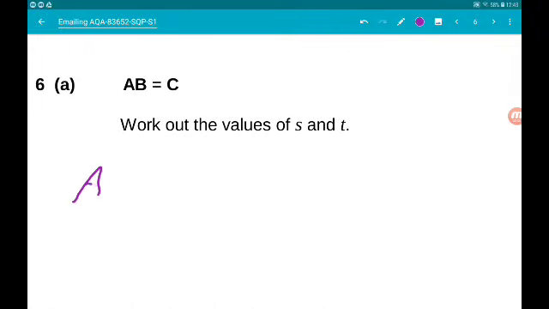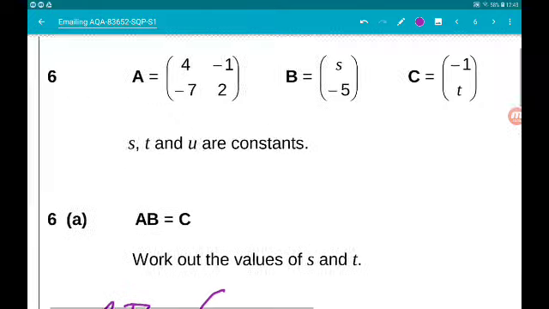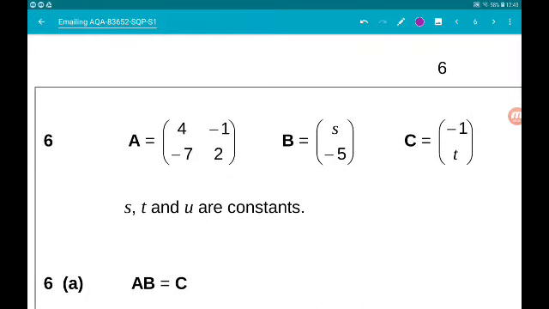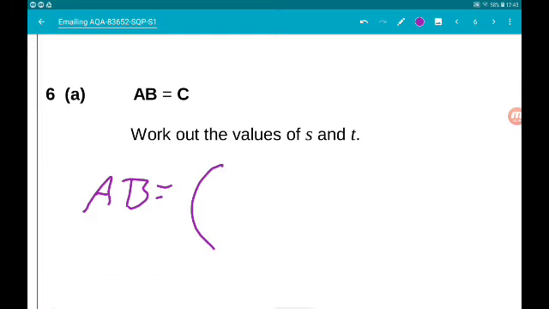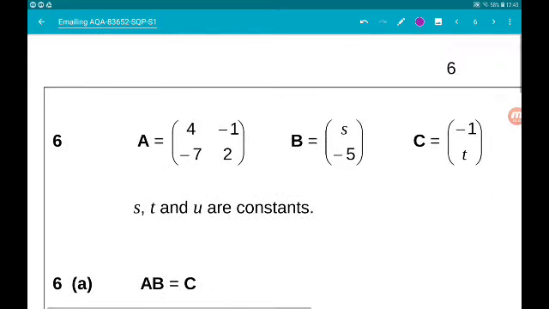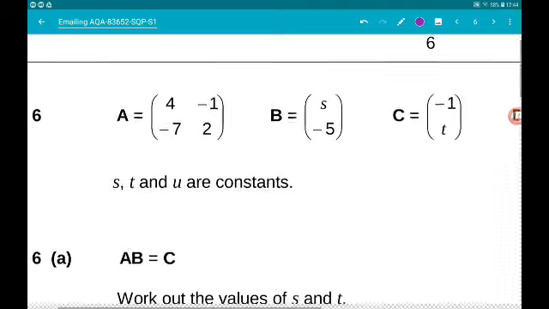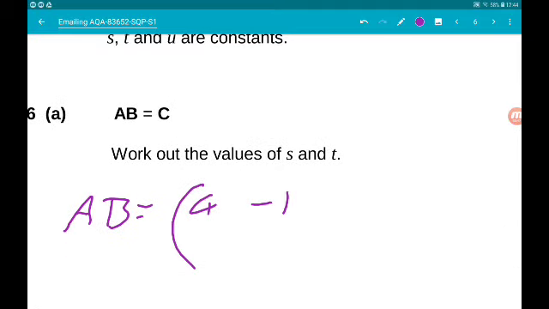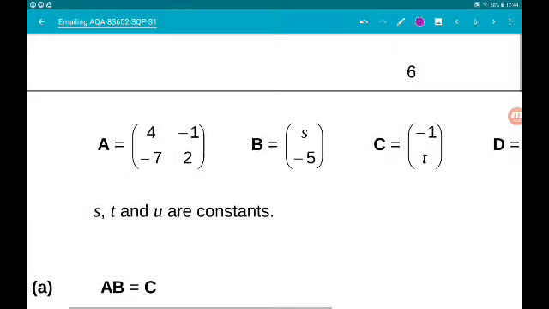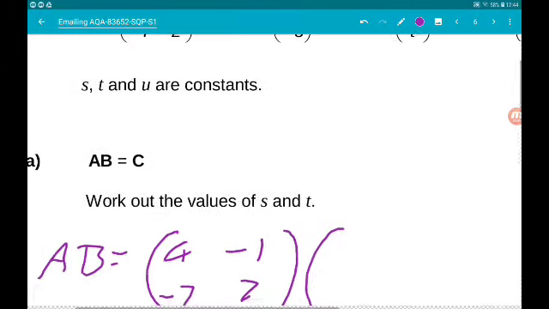So AB is (4, minus 1; minus 7, 2) times (s; minus 5).